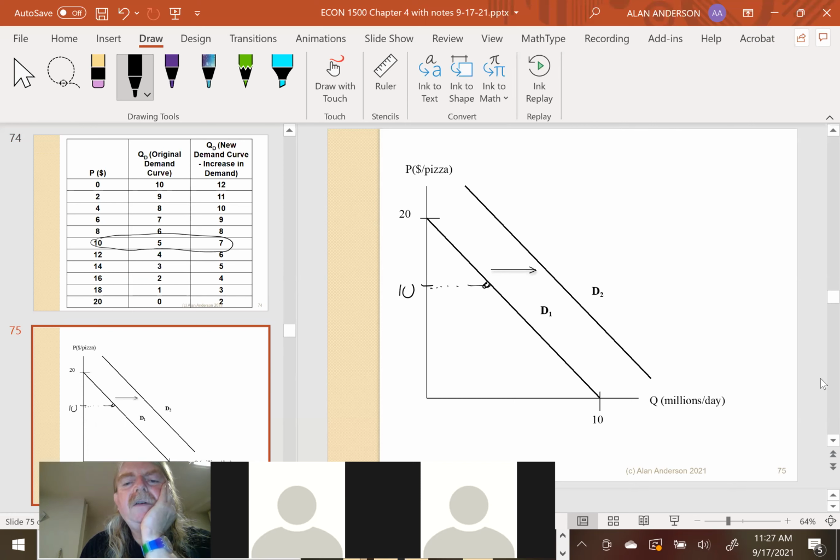Here's 5. And now at the same price, they're willing to buy 7 million pizzas. So I hope this helps you see that what's actually happening here is that for every possible price, we're going to be willing to buy more pizzas than we were previously, by exactly 2 million. So this is an increase in demand.